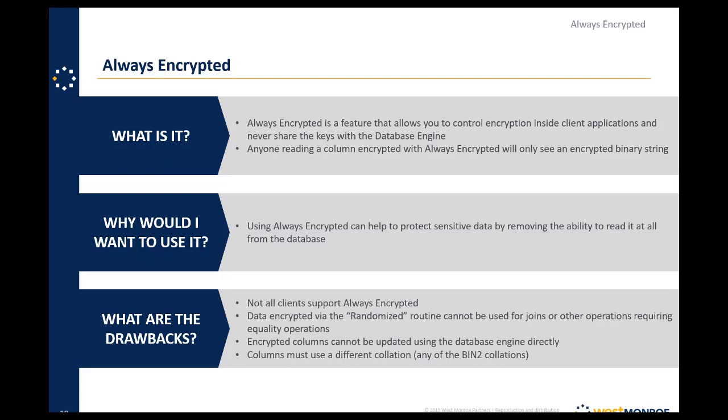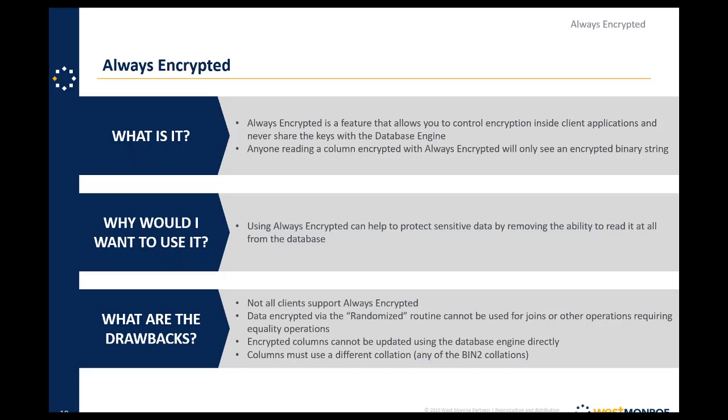Drawbacks: not all clients support Always Encrypted. If you are encrypting via the randomized routine, which is recommended, then you cannot use that data for joins or other equality operations. So there's a potential for, number one, some annoyance, but number two, some major performance hits there. And likewise, any column encrypted can't be updated using the database engine directly, right?